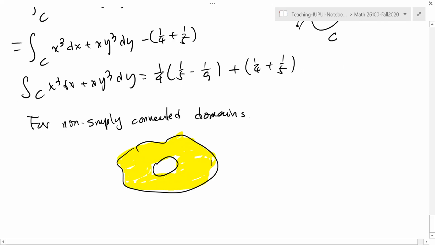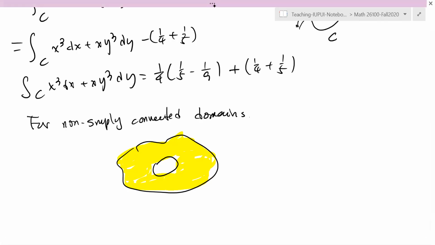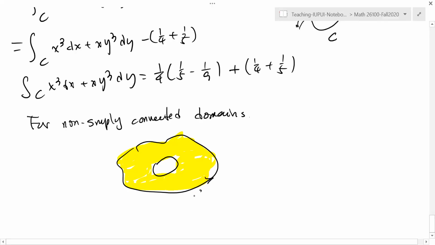Then the curve, so the curve from this curve is not enough. C1 is not enough to enclose the region because there's another hole inside.